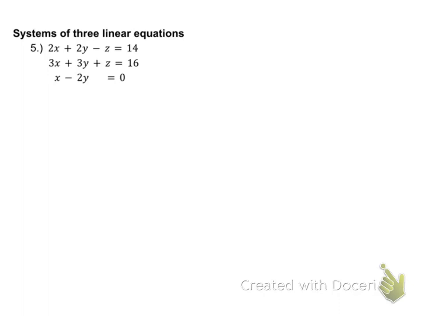This particular problem, in the third equation, is missing what? Z. So guess what? The third equation already has a missing variable. I would highly suggest trying to put together the first two to get rid of z as well.